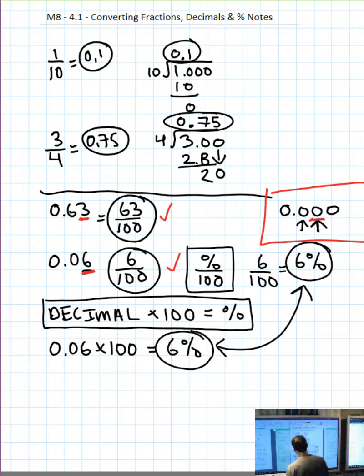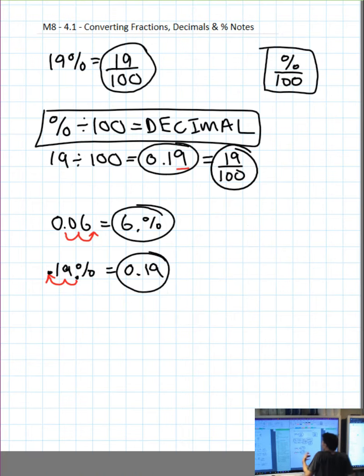And then we can use this nice formula, decimal times 100 equals percentage. Or we can use the formula percent divided by 100 equals decimal, which is exactly the same formula. Or we can just move the decimal 2 to the right to convert from a decimal into a percentage, or move the decimal 2 to the left to convert from a percentage into a decimal.